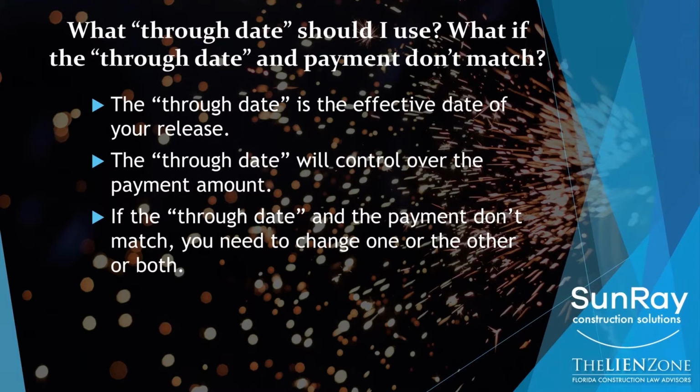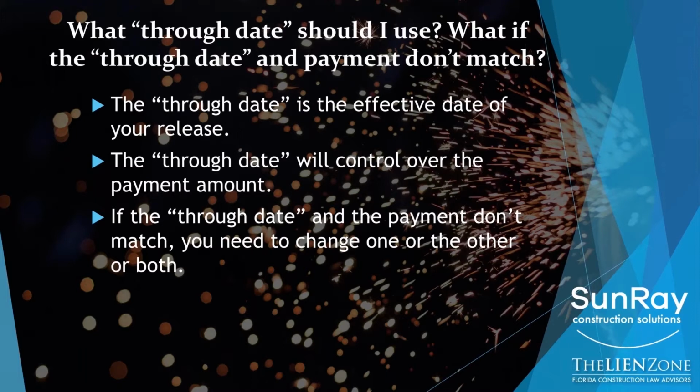So what you need to know is that if the through date and the payment date don't match, then you need to change one of them or both of them, but you cannot accept it as is. So we have a client who's a plumber, and they were doing work for a general contractor. And it was a series of specific items over the course of several months.